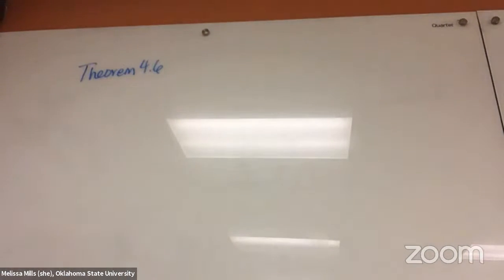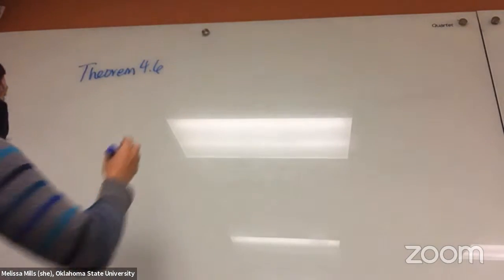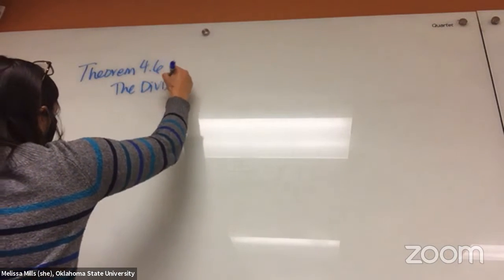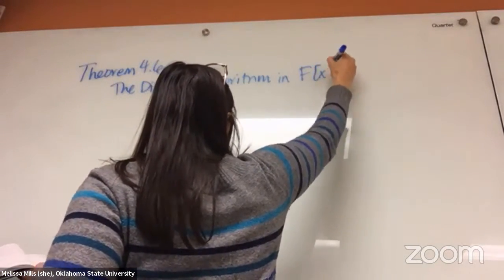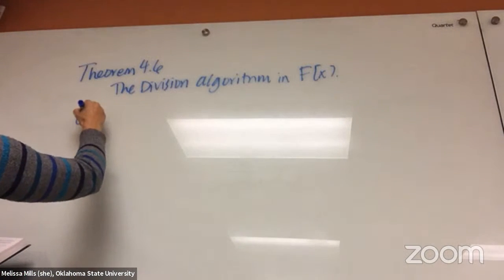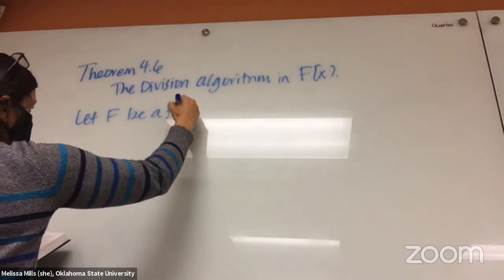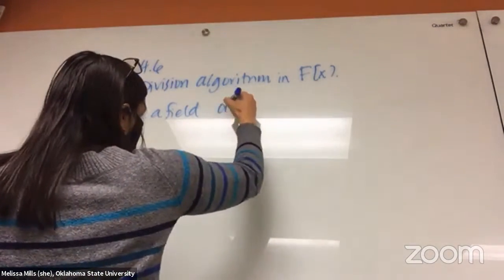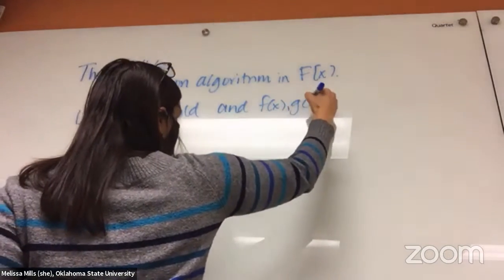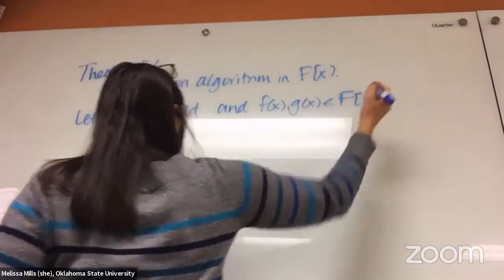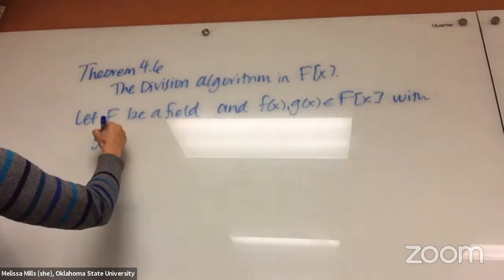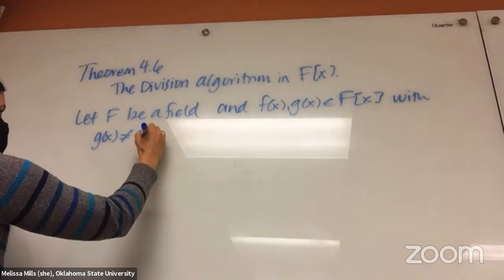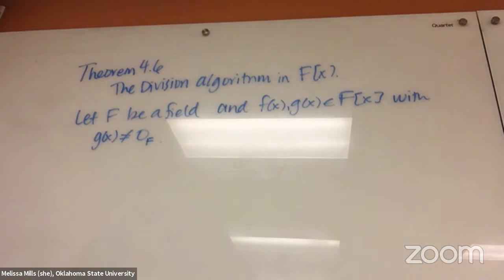So theorem 4.6, the division algorithm in F adjoin X. Okay, so we're going to start with two polynomials, and we're going to say that g of x is non-zero.